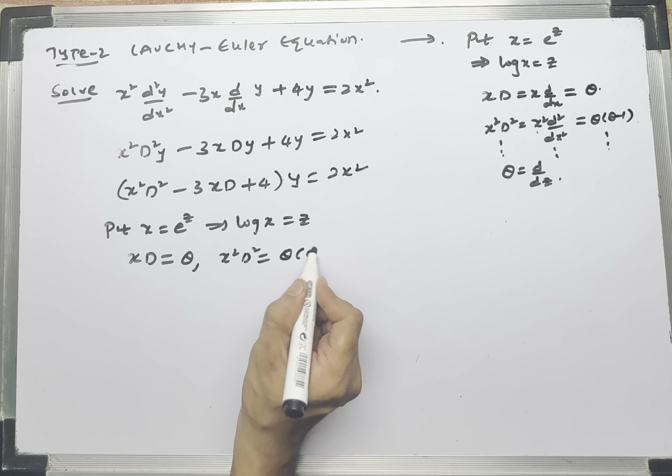If it is in terms of z, that time z power 1 by 1 factorial into e power 1z. So this is 1 by 2 into z, z is log x, e power z, that is x. This is yp. Therefore y is equal to yc plus yp. You need to write the yc and yp answer.